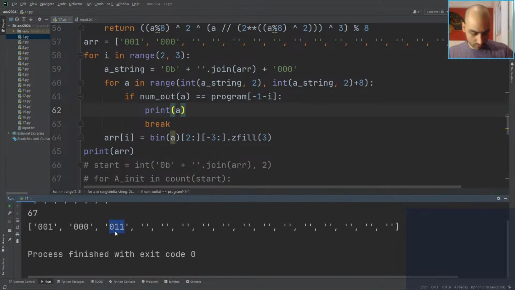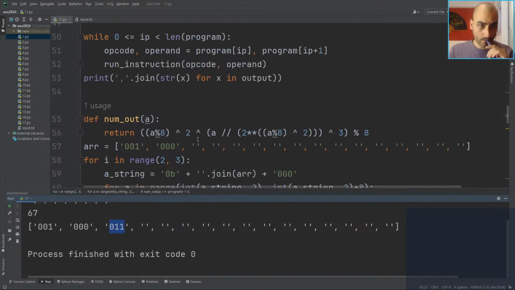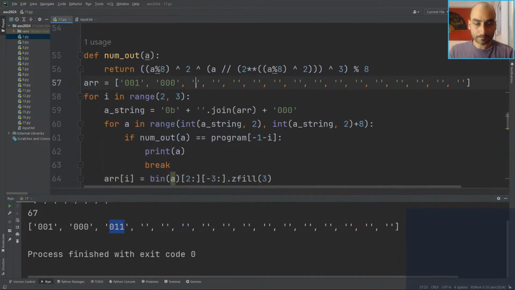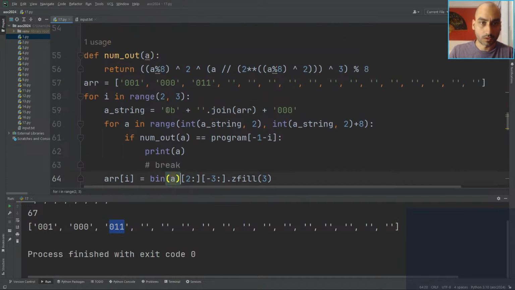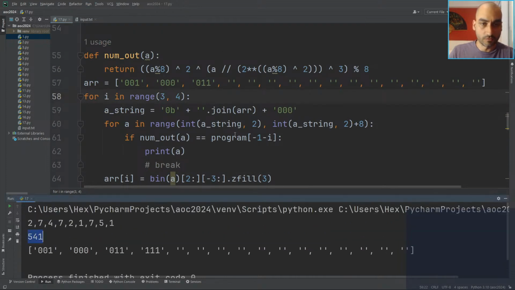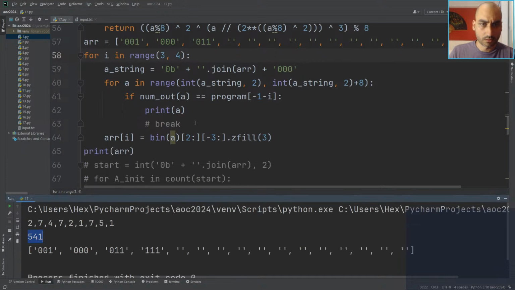Okay, we're going with 0, 1, 1. Alright, let's just go 3, 4, 5, 4, 1. Okay, so that's 1.